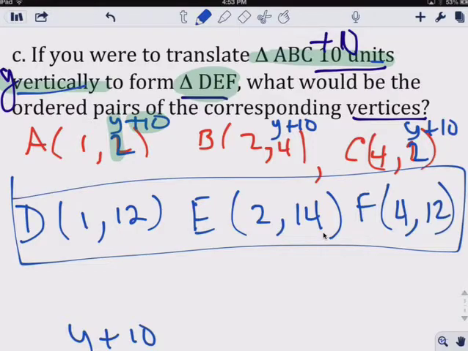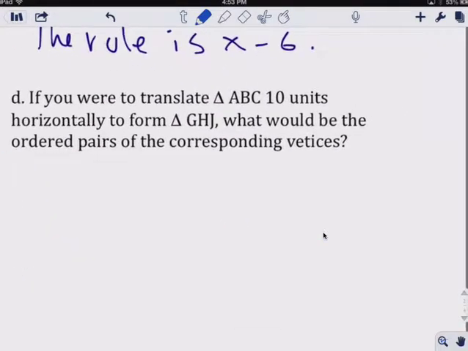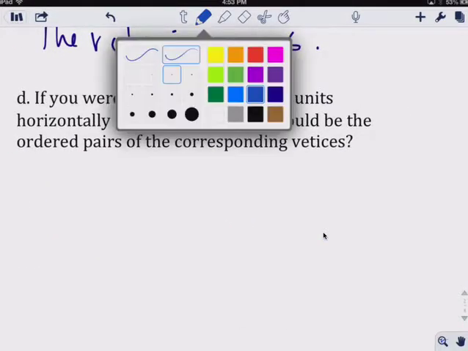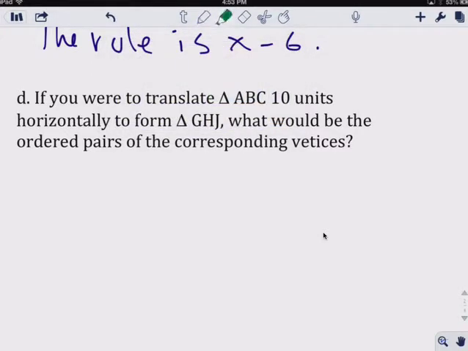Now the next one is translate the triangle 10 units, that's positive 10, horizontally.